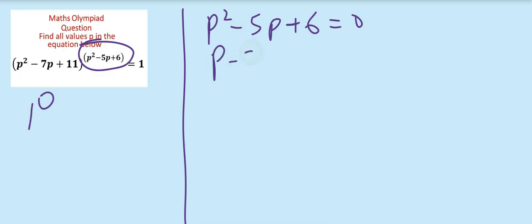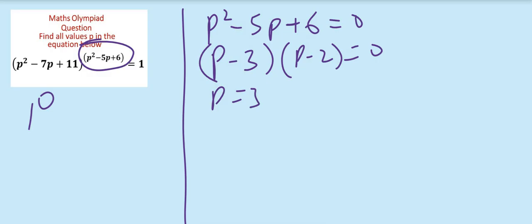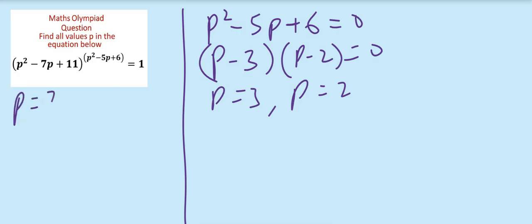Factorizing this, p minus 3 and p minus 2 equals 0. P is equal to 3 and p equal to 2. So I have two values of p that can make the power 0. That is already established: p equal 2, p equal 3.